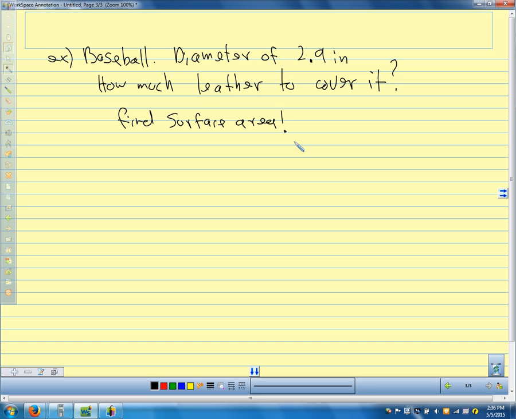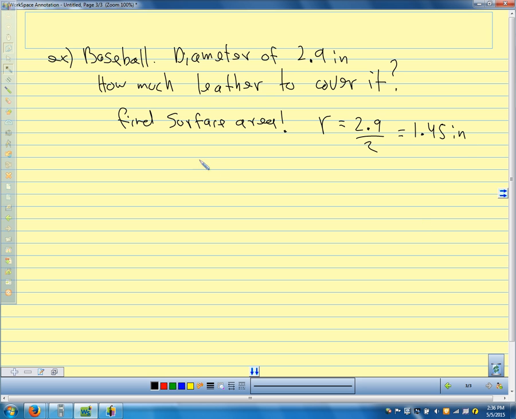And what quantity do we need to plug into our formula? The radius. How do we find the radius? The diameter divided by 2. 2.9 divided by 2, and when I do that, I get 1.45 inches.